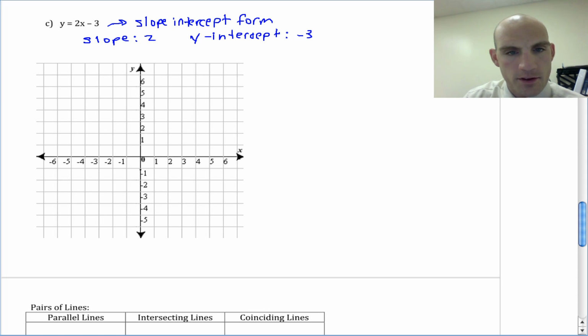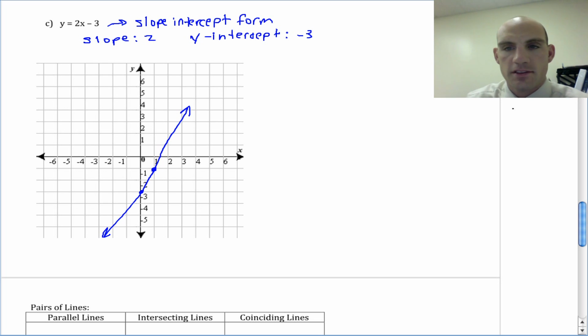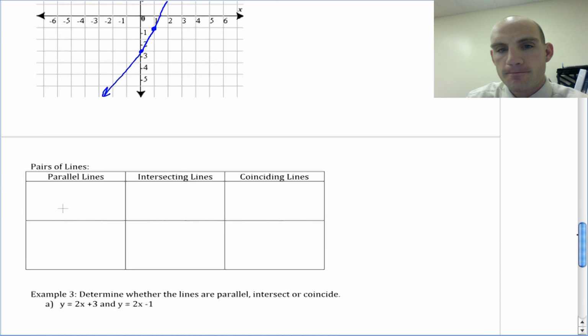So I go down to negative 3, 1, 2, 3. I go up 2, 1, 2, over 1. I'm telling you guys, when we're doing these problems, really all it's about is laying out exactly what we've got from our equation and then connecting the dots. Okay, so that's what that one looks like.